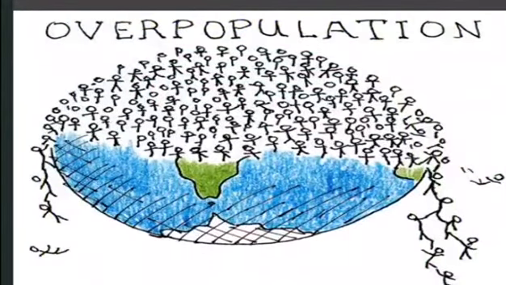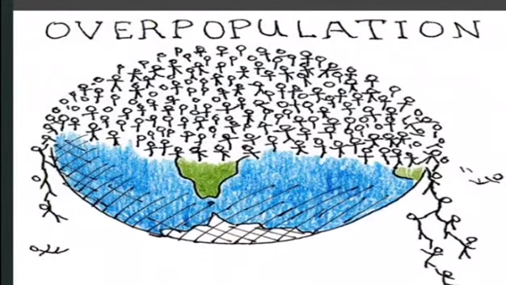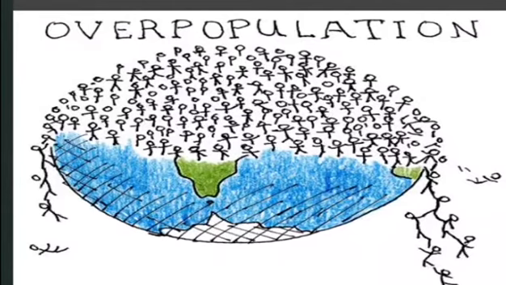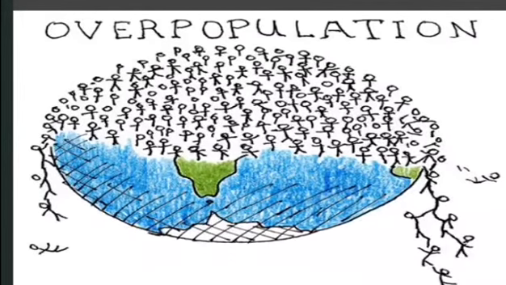Overpopulation can have a number of effects, most of which are negative. Let's talk about them. First is lack of water. Overpopulation creates greater demand on the world's freshwater supplies, as only roughly 1% of the world's water is fresh and accessible. This creates a major issue.